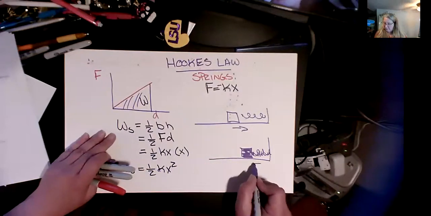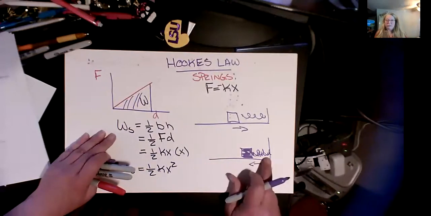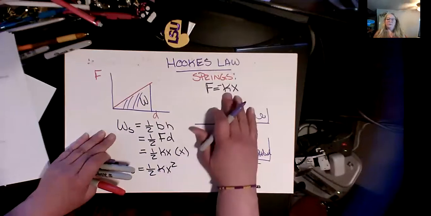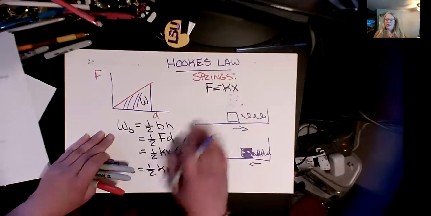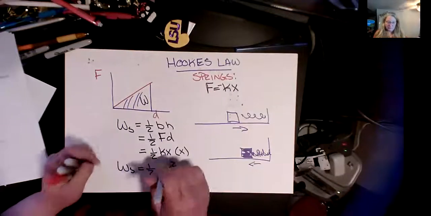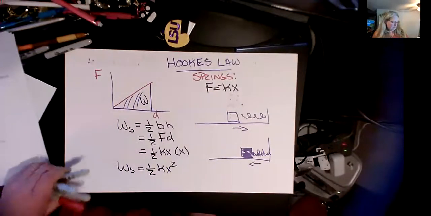So the spring is doing work on it. Here, I'm doing work on the spring. Let that guide you as far as what sign you're going to have, and don't worry about that for now. Actually, I suggest don't. It's going to mess you up in all sorts of ways.